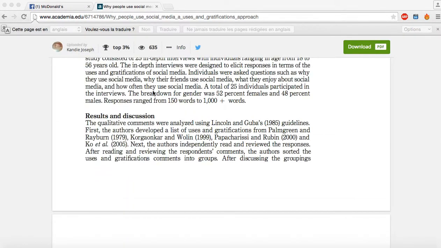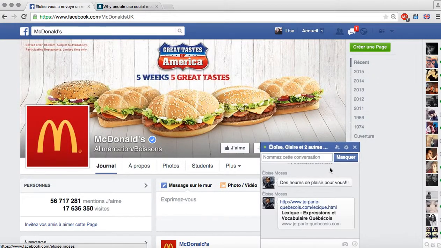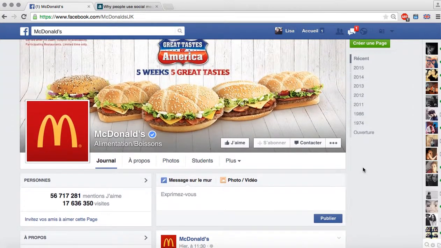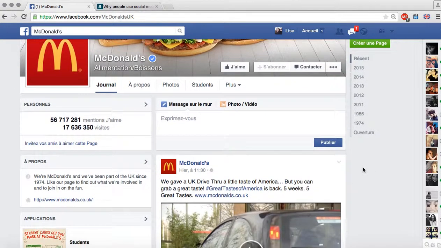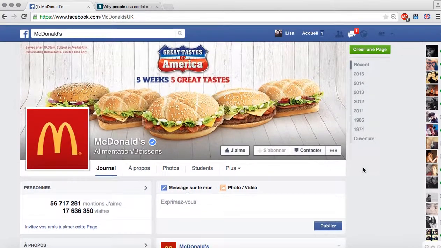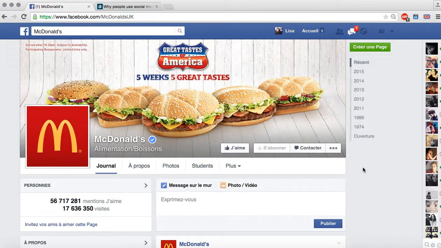So to apply the knowledge of this article, I chose to talk about the McDonald's page. And in the McDonald's page, I found 3 themes of the uses and gratification theory, which are social interaction, information seeking, and entertainment.